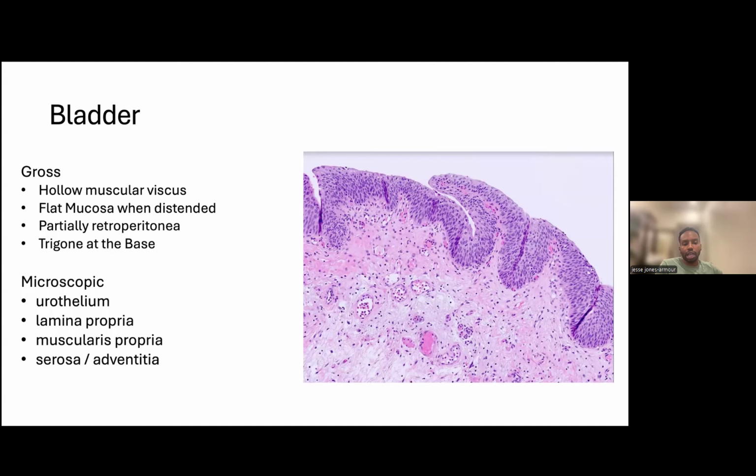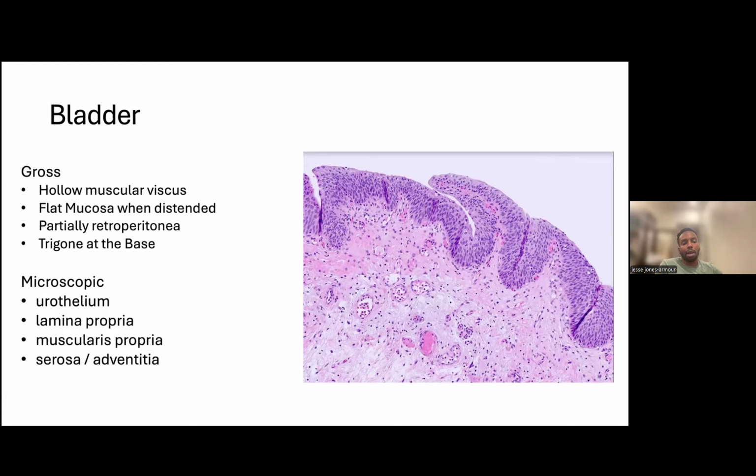The trigone is at the base, where you have the entrance of the urethral opening as well as the two ureters. Microscopically, you have four main layers. You have the urothelium, where most of the carcinomas come from, which has three other layers, the basal, apical, and intermediate.